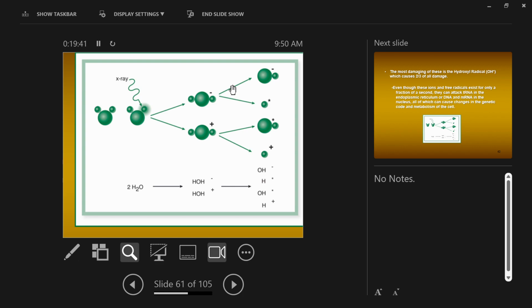You ionize a single water molecule and it makes this cascade of events to get you to here, where you now have four molecules, two of which have a net charge and two of which are considered free radicals, okay? So we see a net negative charge in this oxygen-hydrogen pair. We see no charge in this hydrogen atom. This is a free radical. We see no charge in this hydrogen-oxygen pair, free radical. And we see a net positive charge in this hydrogen atom.